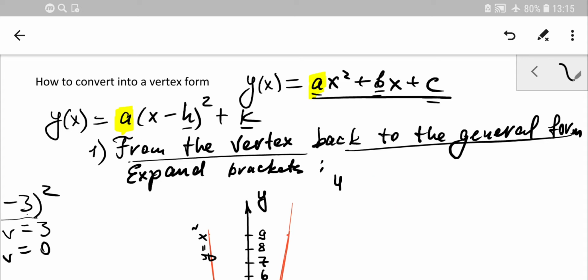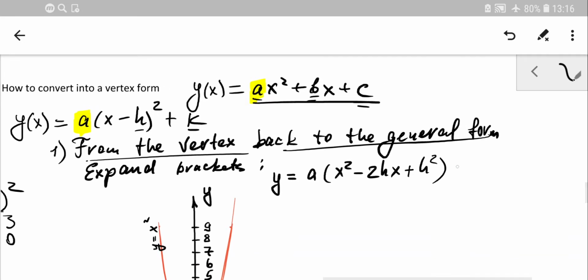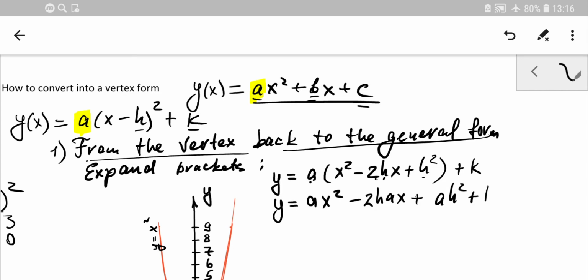Let's do it, and we'll get y equals a, using the formula, (x squared minus 2hx plus h squared). That's what we've got. Then we simply add k on top of that. What we can do is simplify and say that we have ax squared minus 2ah times x, and finally a times h squared, and finally plus k.